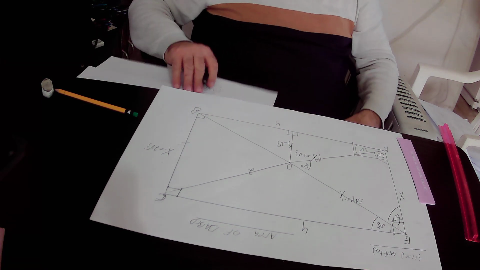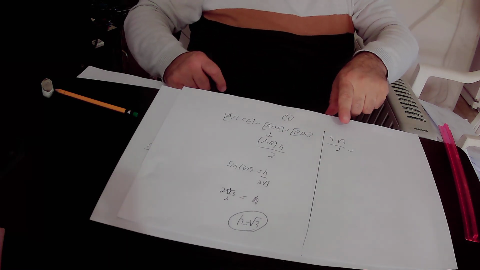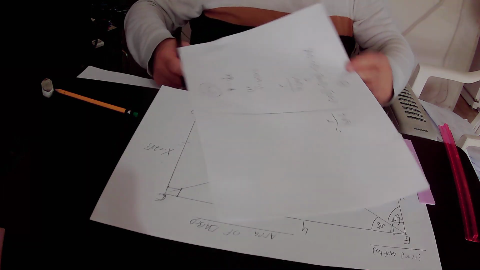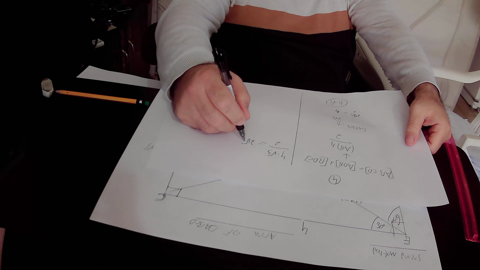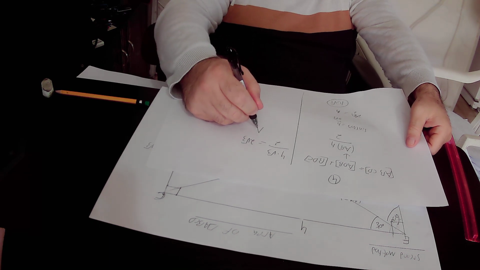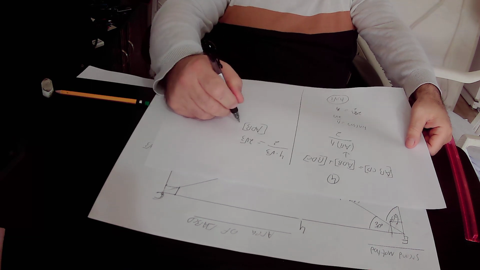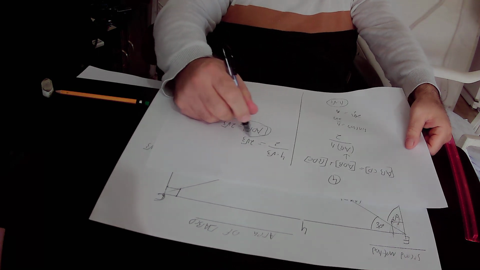That is to say, the area of triangle ADB equals 4 times square root of 3 over 2. 4 over 2 is 2, so we found out that the area of triangle ADB equals 2 times square root of 3 square units.